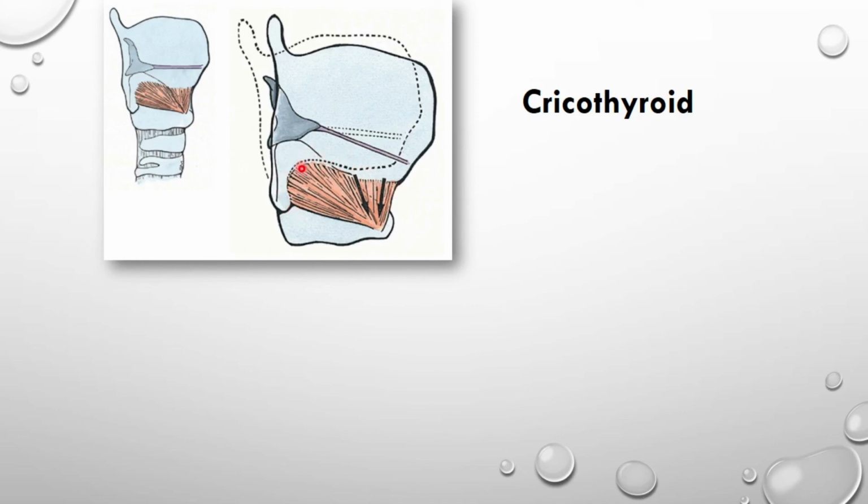And essentially what this does is it pulls your thyroid cartilage down towards the cricoid cartilage, which effectively stretches your vocal folds. And the cricothyroid muscle is the only muscle that is innervated by the external laryngeal nerve.